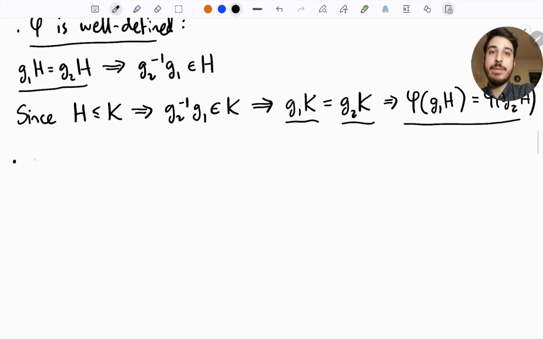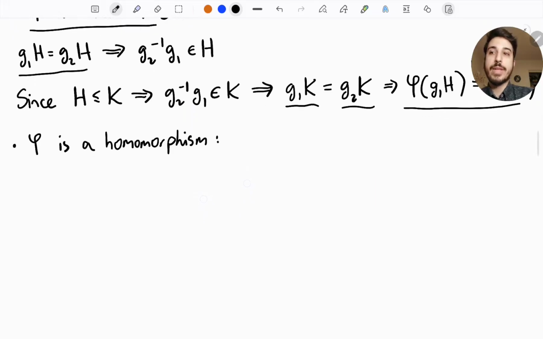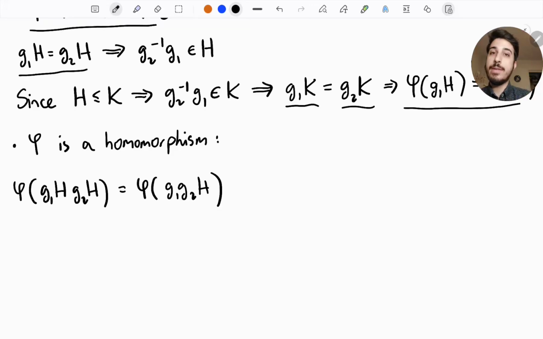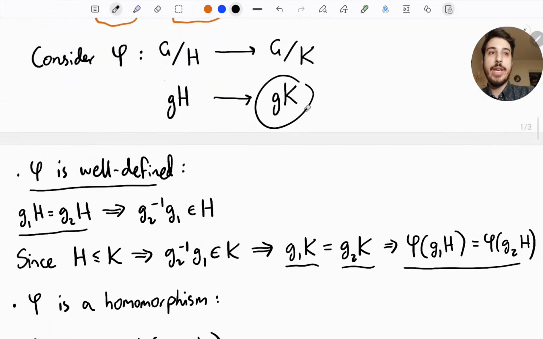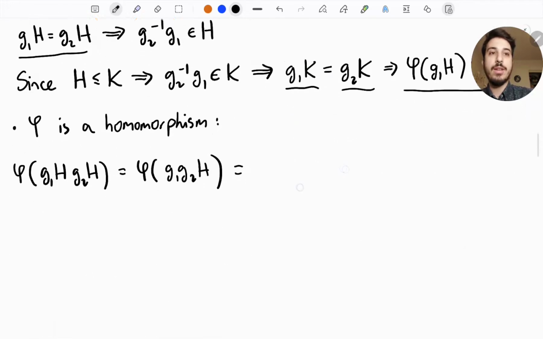Next, we want to prove that phi is a homomorphism. This is a fairly straightforward calculation. We take phi of the product of two elements, g1H and g2H, and this is equal to phi of the product of these, which is g1g2H. Now we use the definition of phi, which, remember, takes a gH and gives a gK.